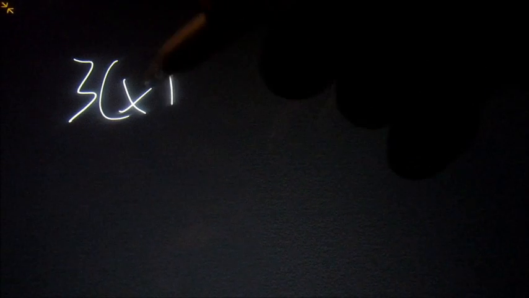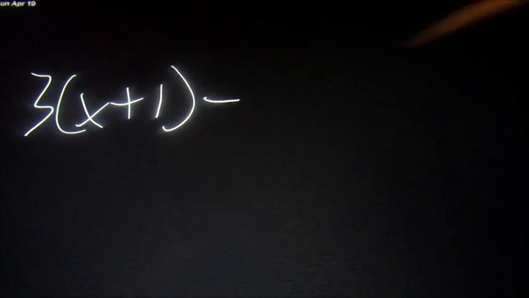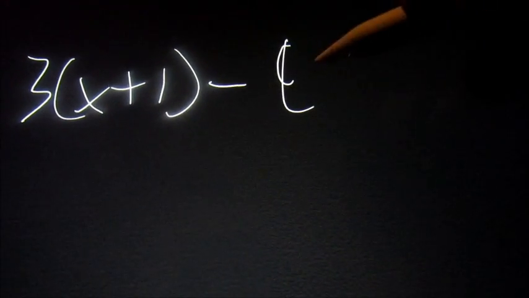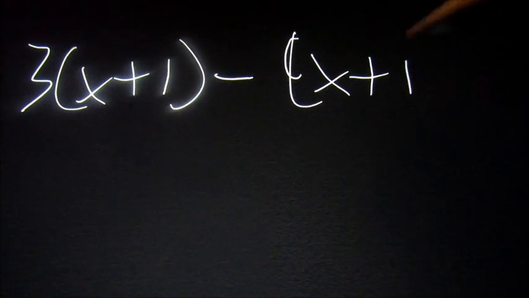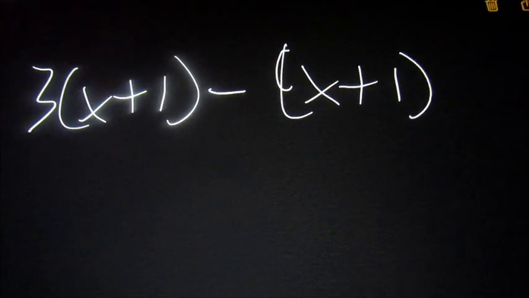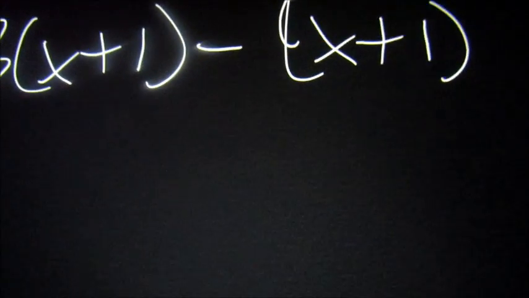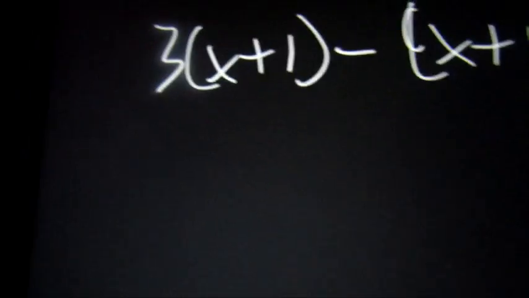So I want to show you one here. Let's say we have 3x plus 1 minus, in parentheses, x plus 1. Remember that if we don't have anything in front of it, there is actually a 1 here.